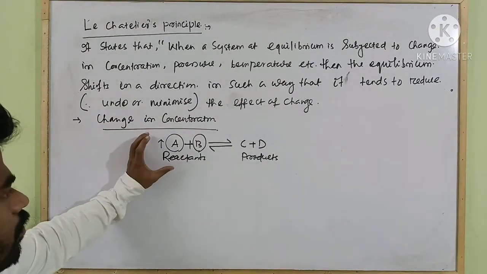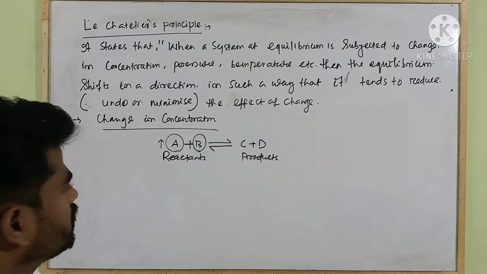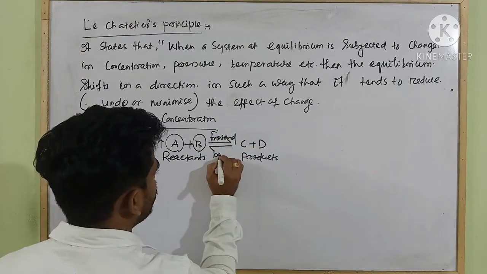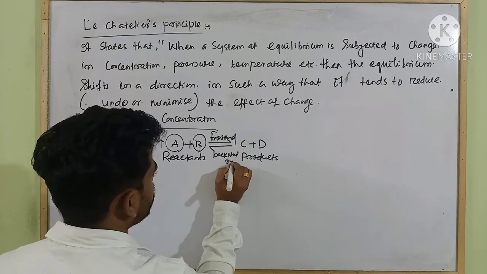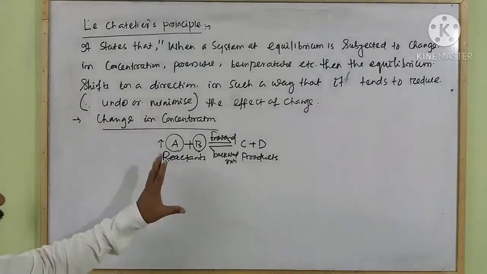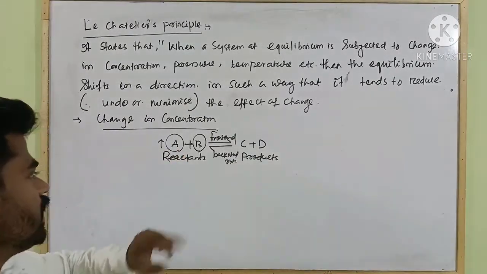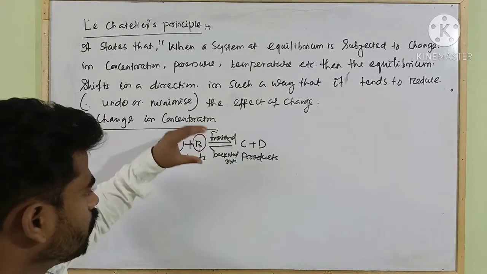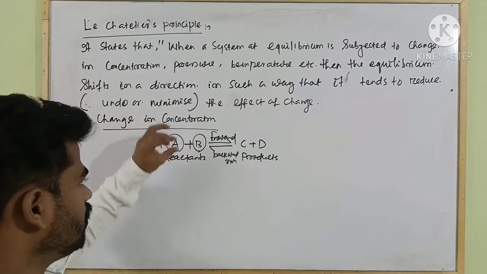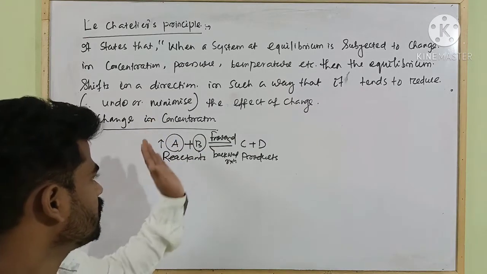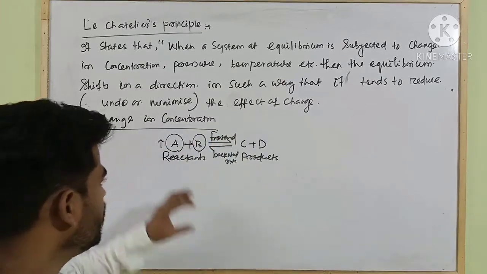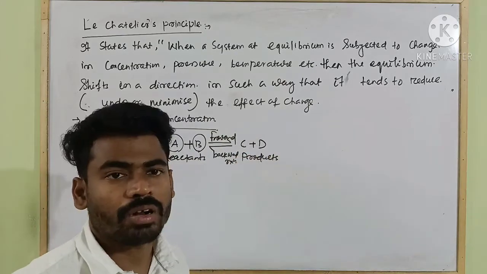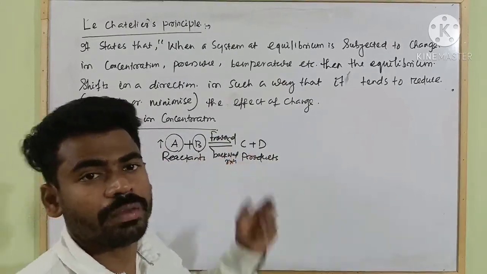The equilibrium will shift in the forward direction. So this is the forward reaction, and this one is the backward reaction. You see, in this case, if I increase the concentration of any of the reactants A or B, then in order to minimize the effect of the change, the reaction proceeds in the forward direction. That means the increase in reactant is utilized in the formation of product, so that the equilibrium remains unaffected.